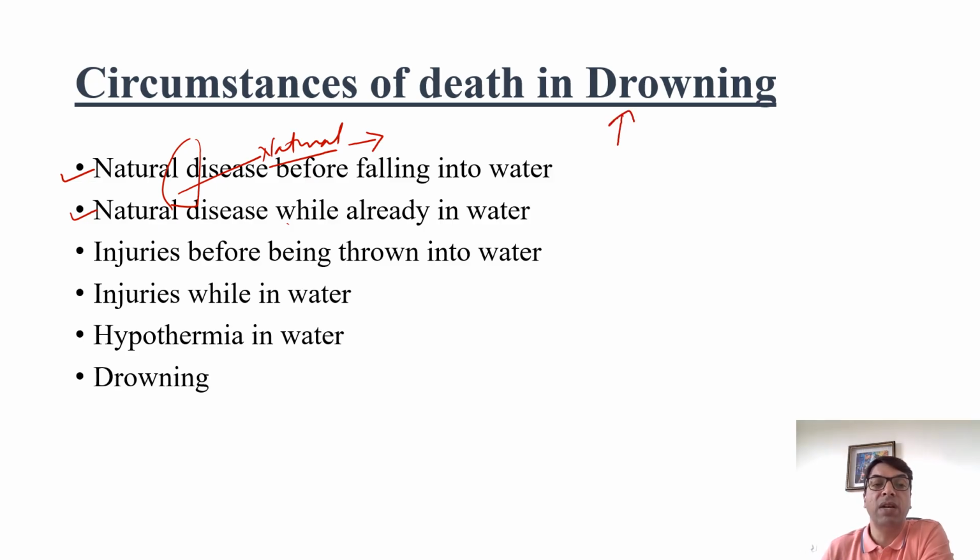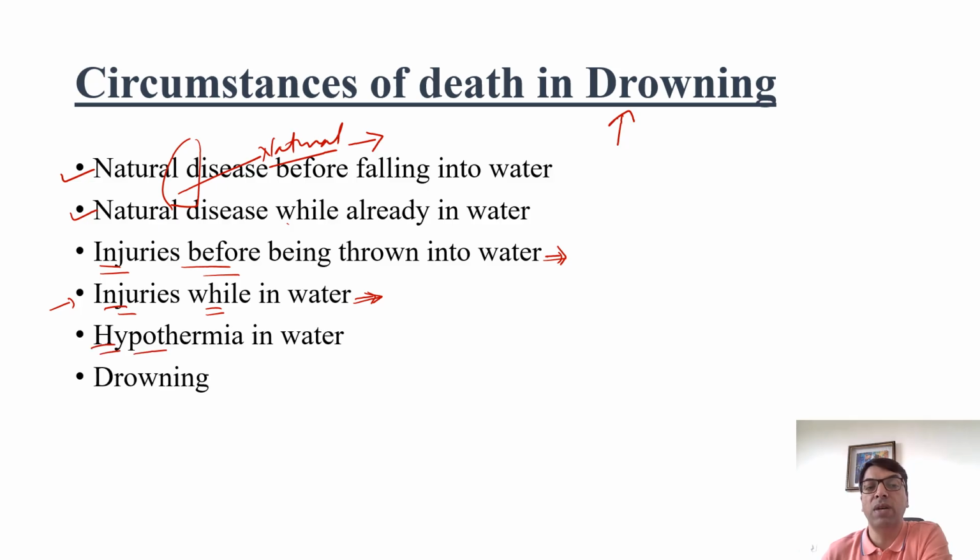The death may have occurred because of injuries before being thrown in water or injuries while in water. Injuries before being thrown in water means the individual may be in a fight with a group, may get injured and thrown in water, or the individual may attempt suicide and hit some rock or stone and die, and the case may be said to be death due to drowning, while the actual cause was injury and hypothermia.